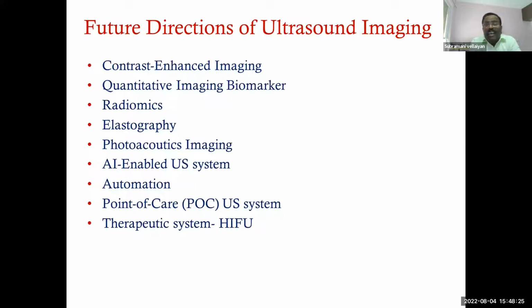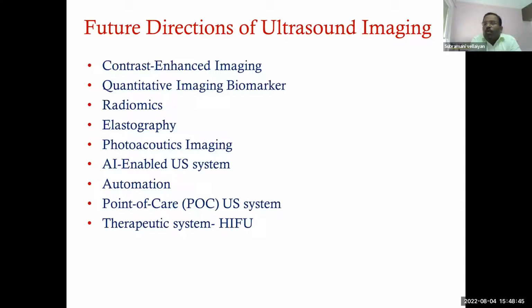And if you look at the future direction or potential of ultrasound imaging in radiotherapy, it's a huge potential, because ultrasound imaging, like all the imaging modalities today, is working towards quantitative imaging, nothing but imaging biomarkers, similar to radiomics.